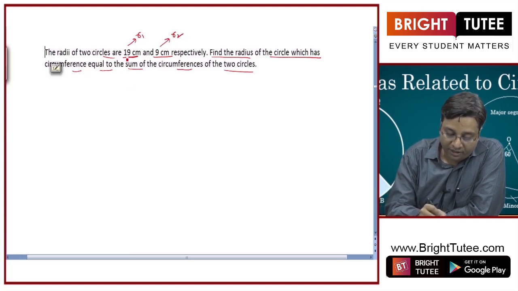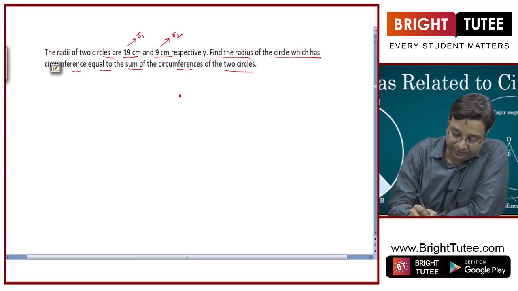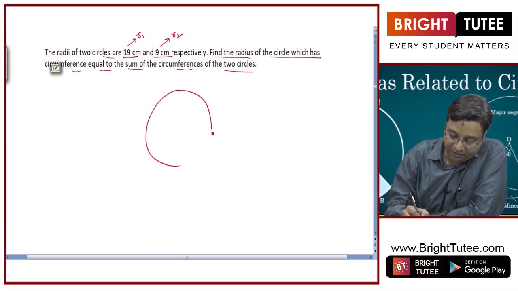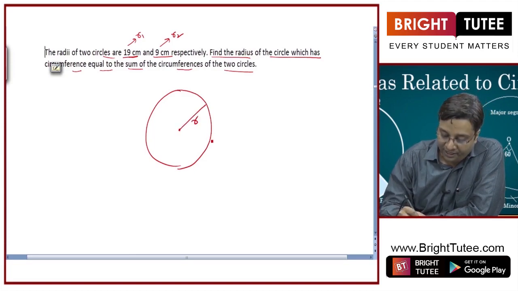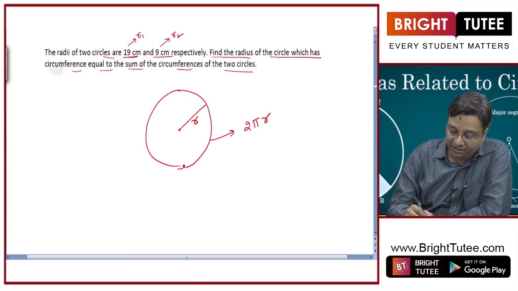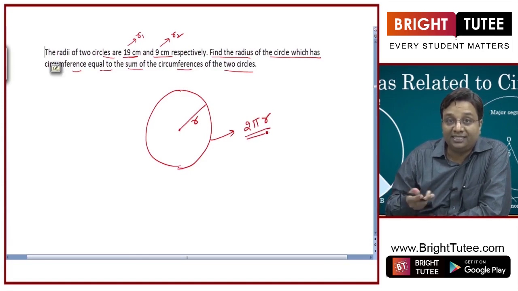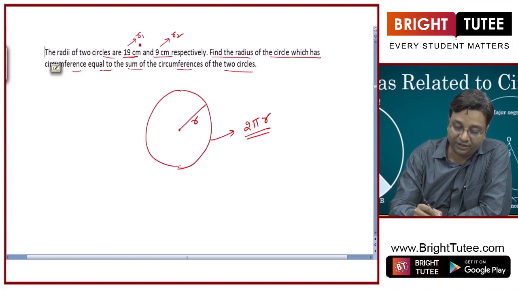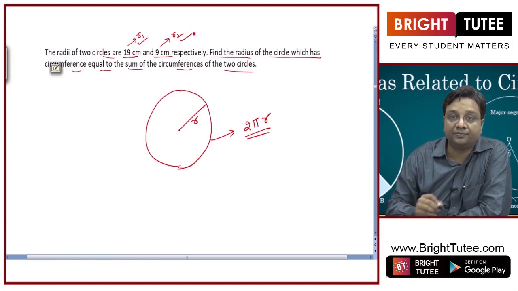Now we have a third circle. Let us say this is our required circle with radius r, and its circumference is 2 pi r. But this circumference 2 pi r is equal to the sum of circumferences of these two circles.